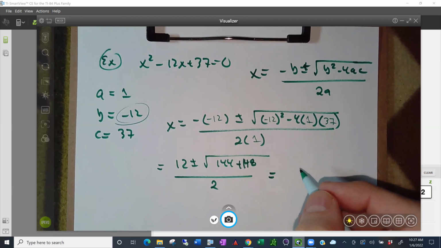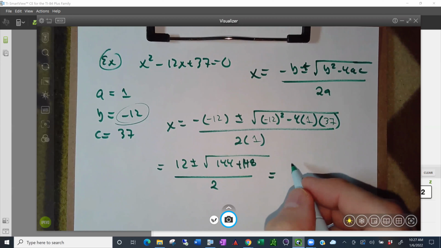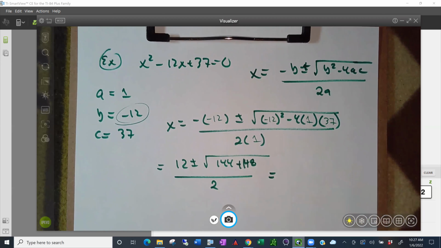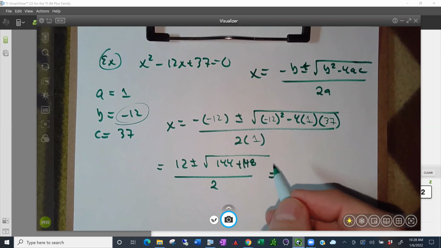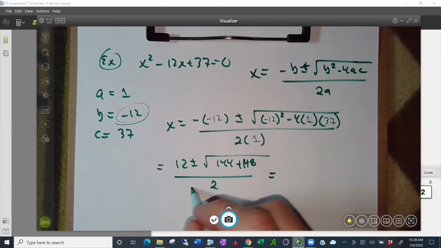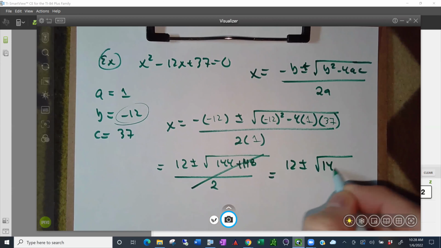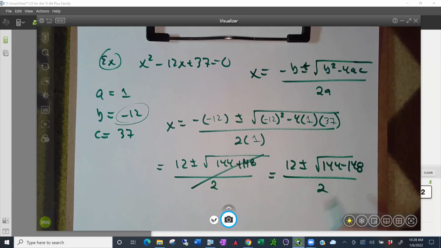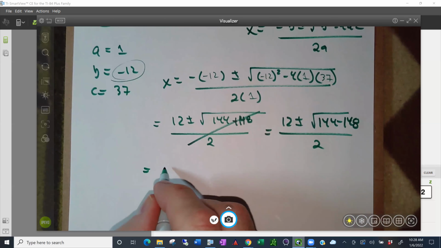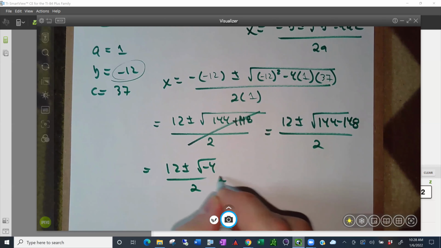Combining like terms, let's see. Something looks wrong here, and I know what's wrong. That was a minus sign, and I turned it into a plus sign by accident. So it should be 12 plus or minus the square root of 144 minus 148, all over 2, which is 12 plus or minus the square root of negative 4 over 2.